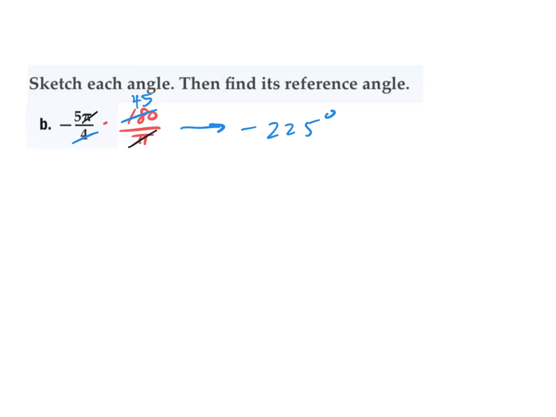Okay. So when we go to graph this, and we draw, and we go to sketch the angle, all right, I'm going clockwise now. This gets me to negative 180. How much further do I have to go past 180? 45.